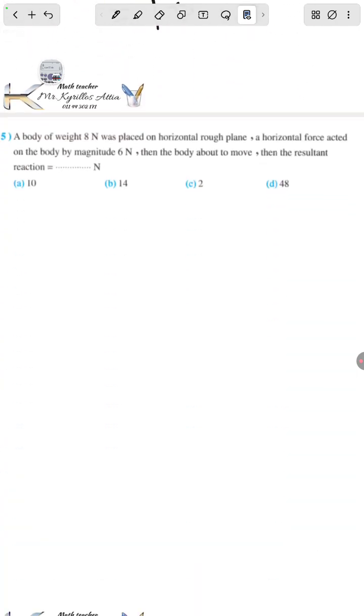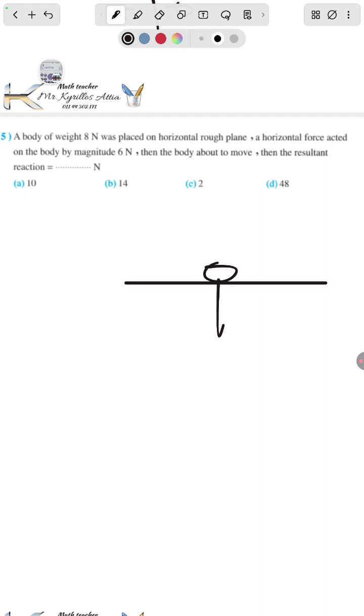A body of weight 8 Newton was placed on a horizontal rough plane, and a horizontal force of magnitude 6 Newton acts on the body. The body is about to move. Find the resultant reaction.